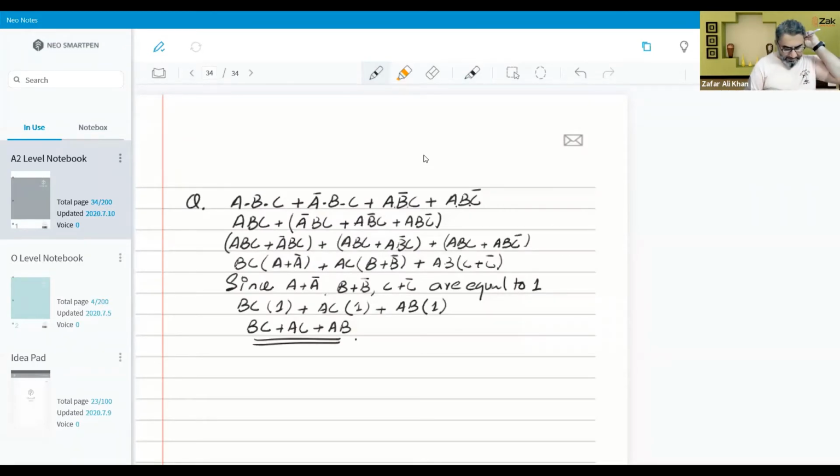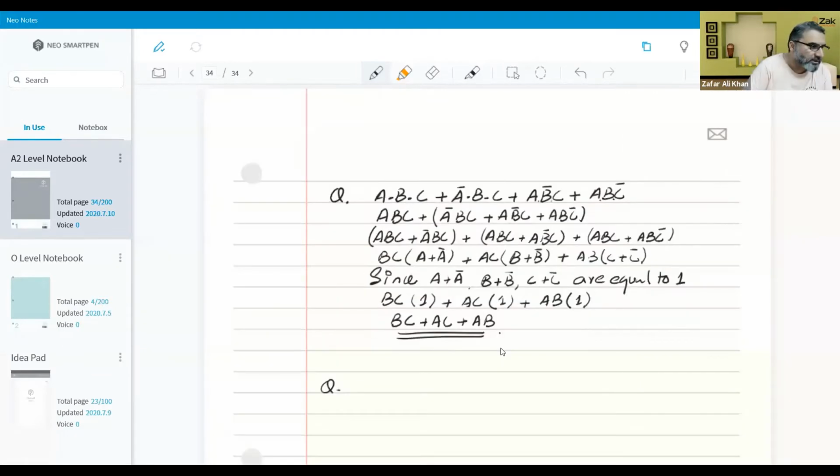So Boolean algebra provides a simplified way of writing a logic expression and a set of rules for manipulating the instructions.